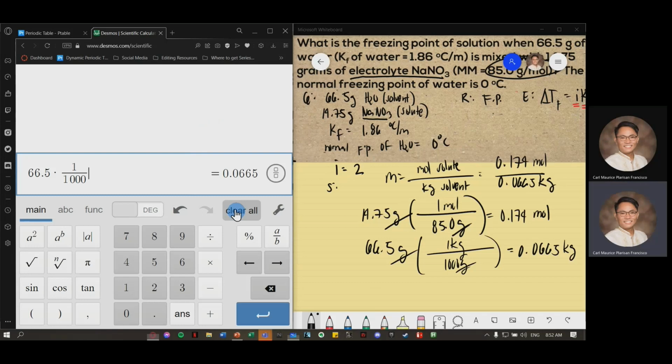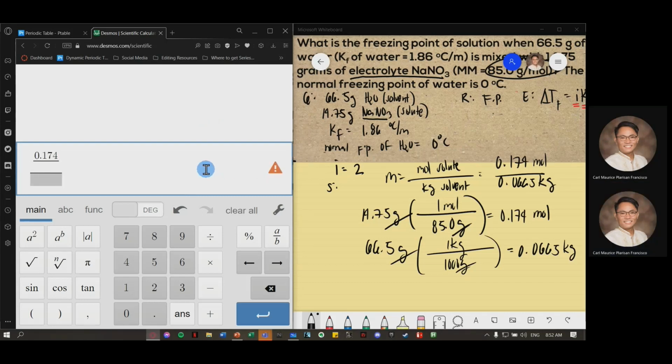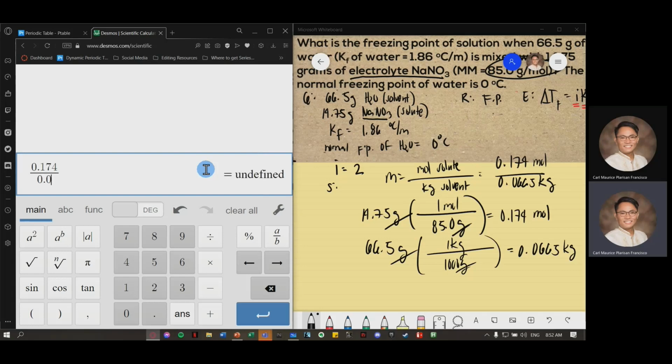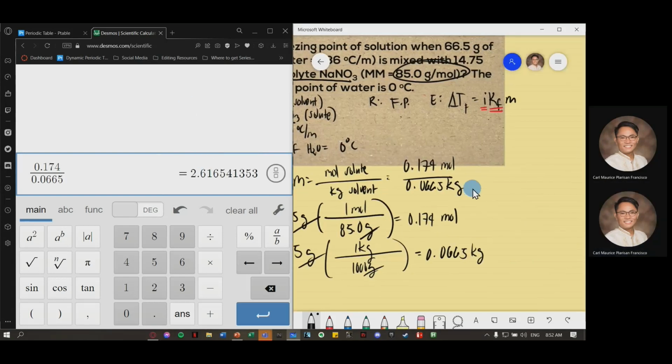Okay, so input now this on the calculator, 0.174 all over 0.0665. So up until 3 significant figures, 2.62 molal.